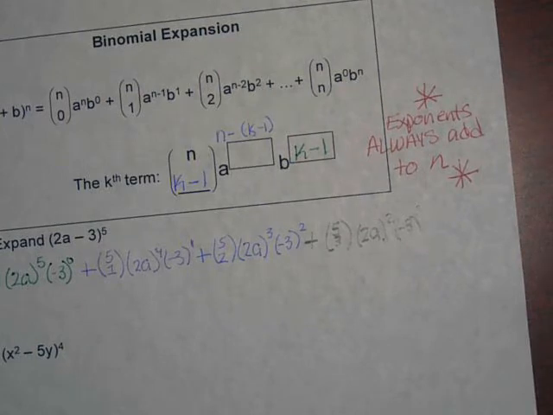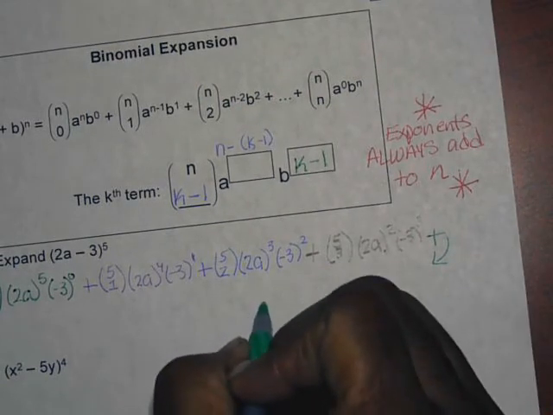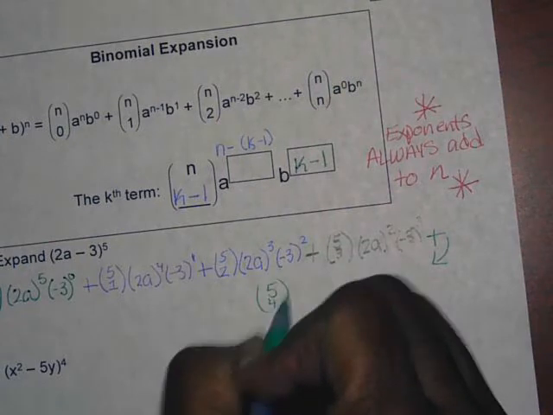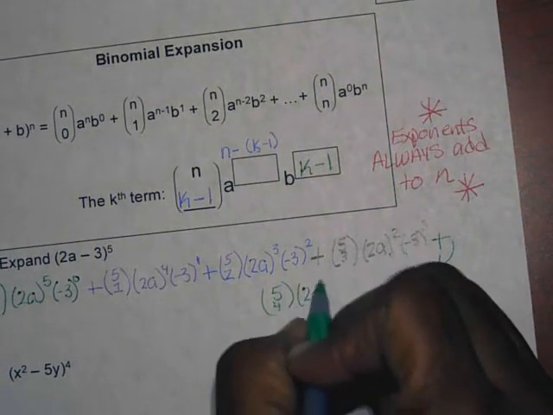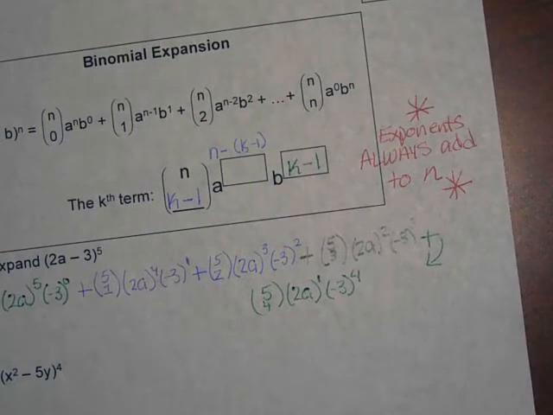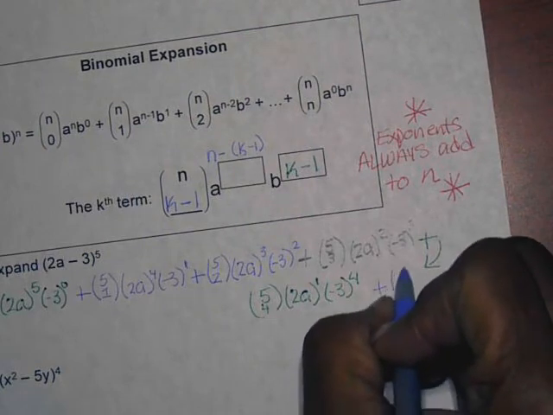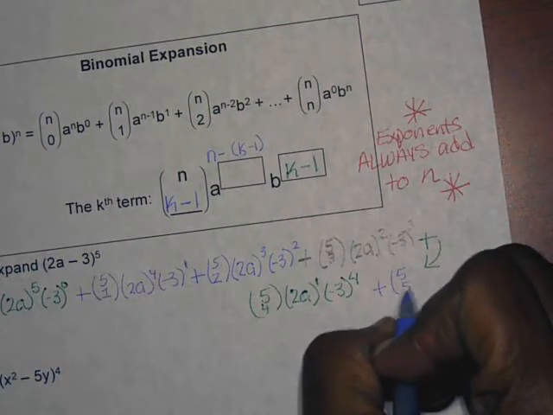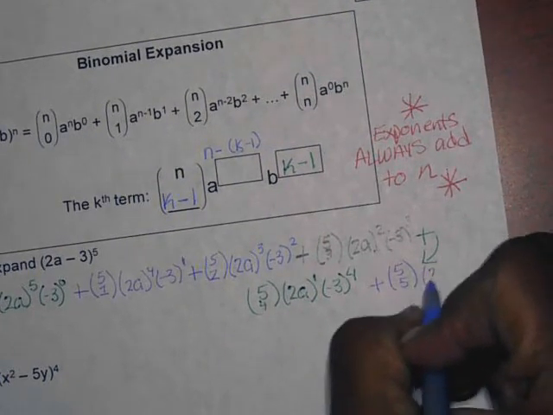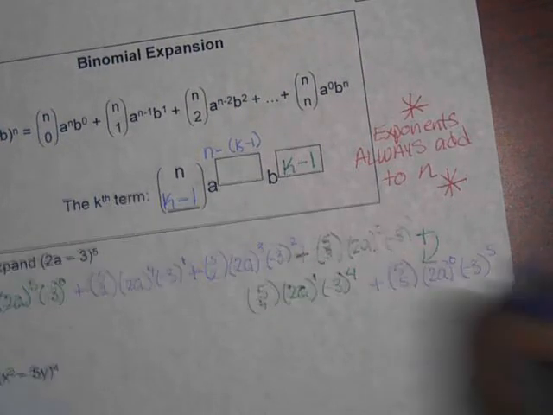I'm going to run out of space. Plus, I'm going to go down here, 5 and 4, 2a to the 1st, negative 3 to the 4th, plus 5 and 5, 2a to the 0, negative 3 to the 5th.